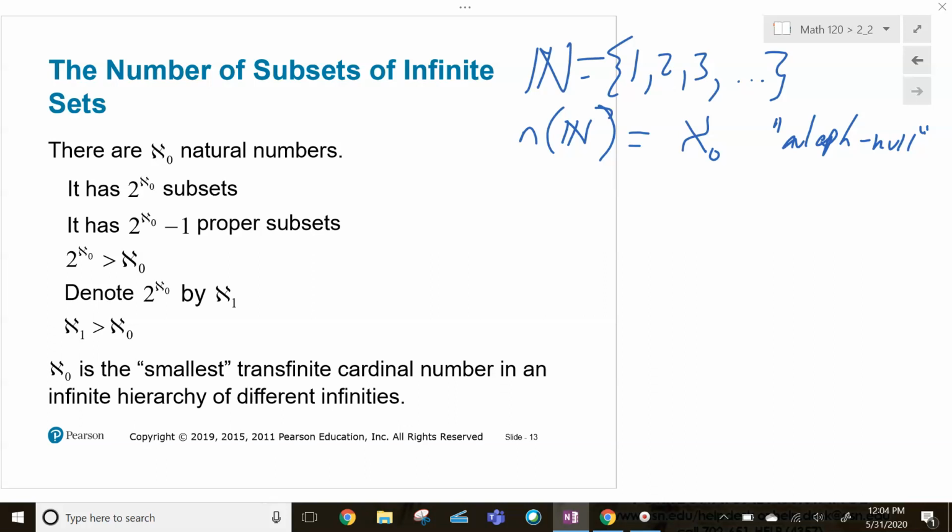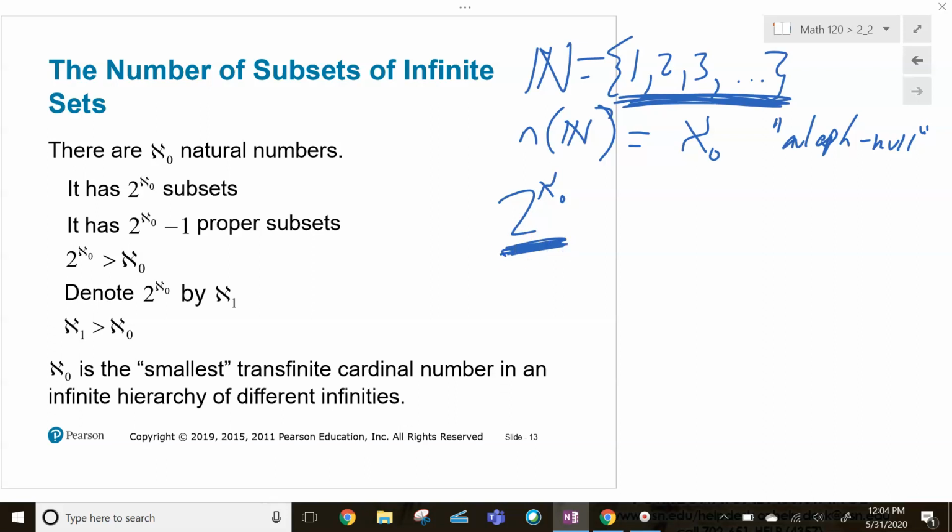So if you were to figure out how many subsets of the natural numbers there would be, we say, well, that's 2 to the Aleph Null, right? That's how many subsets that we have. And this of course is also an infinite number, right?